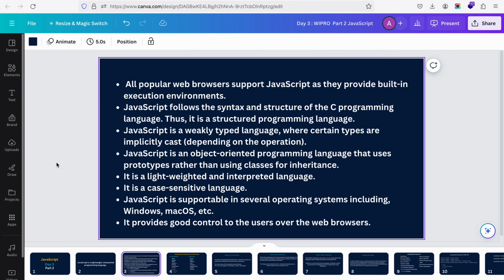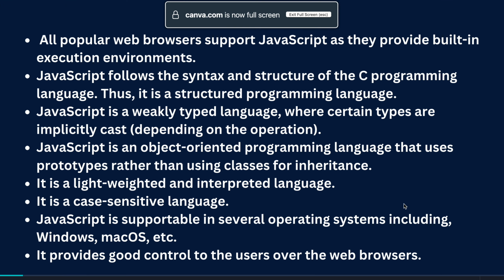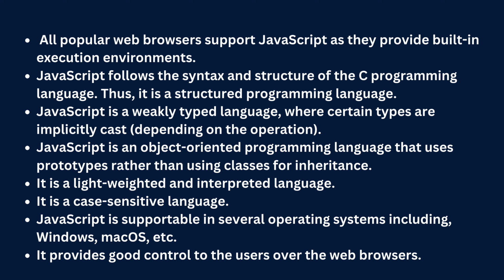So some features we will see. All popular web browsers support JavaScript, right? And they provide a built-in execution environment. So the browser has a rendering engine also. What was the rendering engine doing?